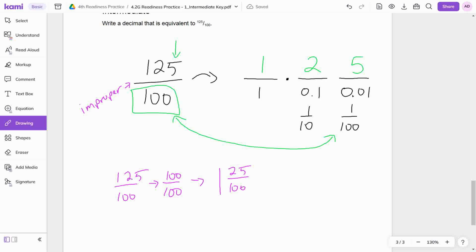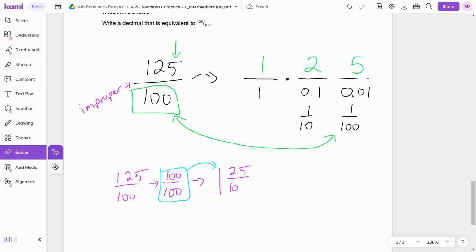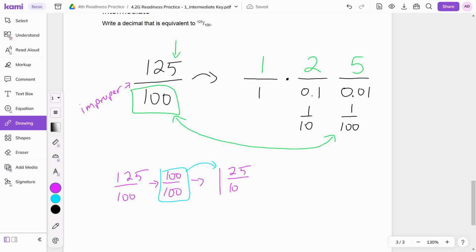left over. Because I took my whole, these two go together here. I took my whole out, 100 out of 100, and I renamed it as a whole. That left me with 25 out of 100. Now, take a look at what I wrote. 1 and 25 over 100 is the same as 1 and 25 hundredths.